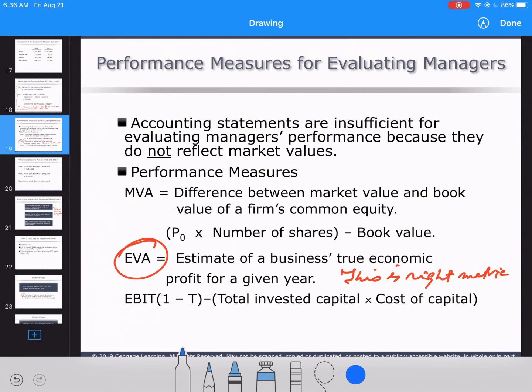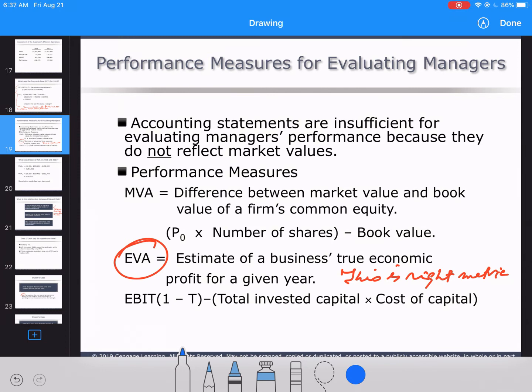Economic value added is the true economic profit, which is going to be this one: NOPAT minus the total invested capital times the cost of capital. Cost of capital is the required rate of return by all the shareholders and bondholders.